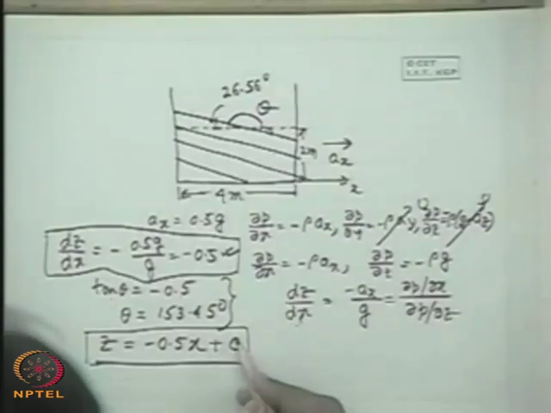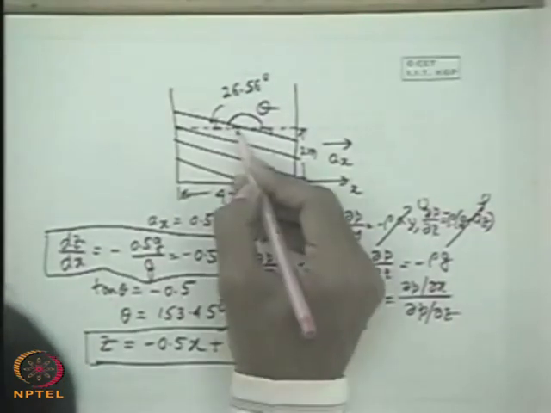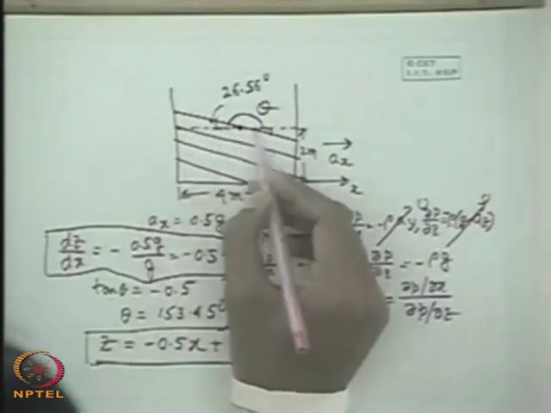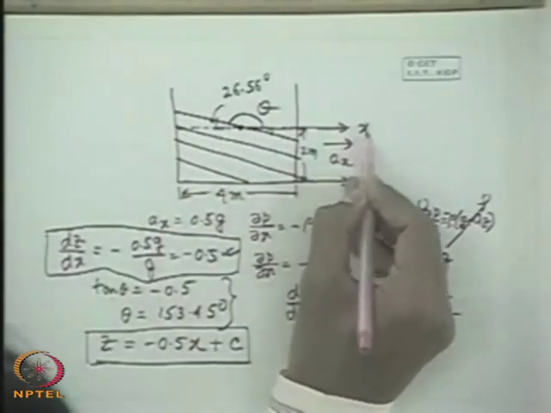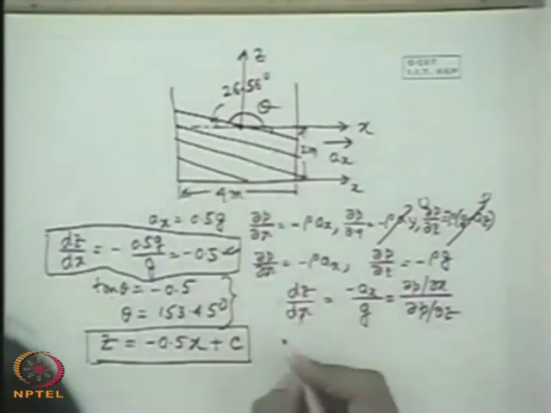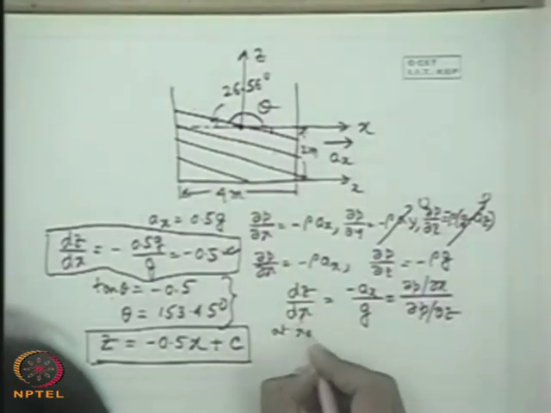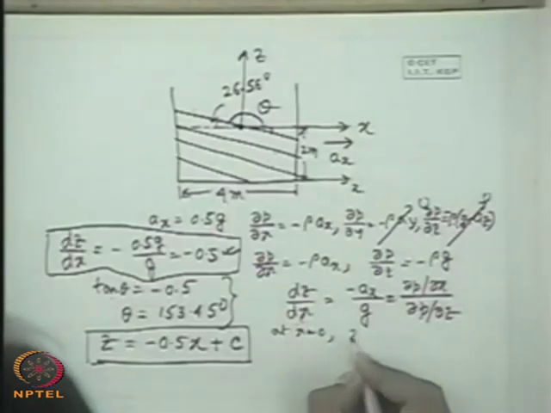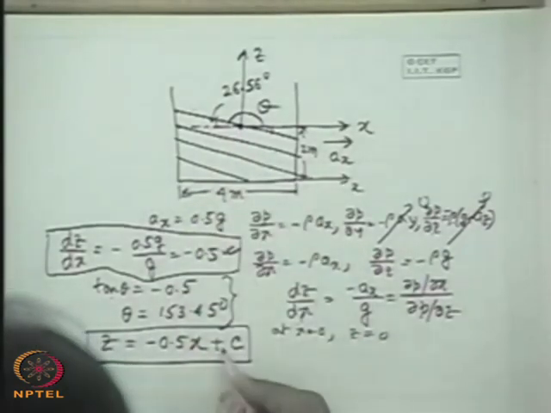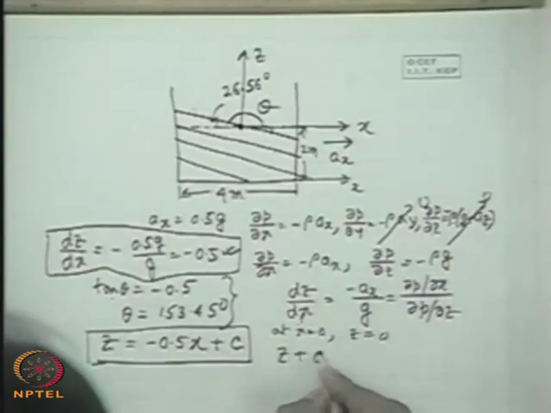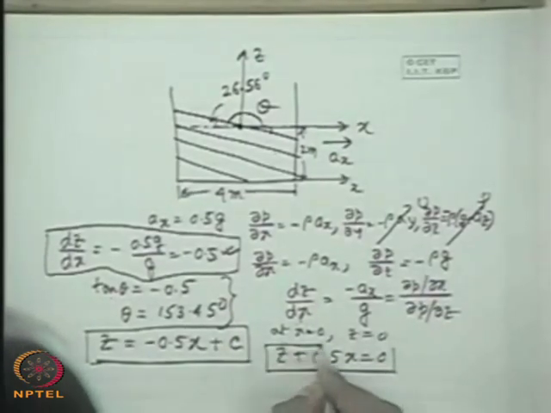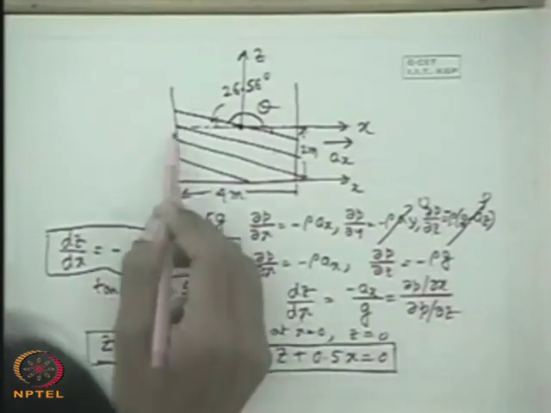Now tactfully one can find out c and can make it 0 if we take this surface of intersection at the middle for symmetry. If we take x here and z here, then we can define that at x is equal to 0, z is equal to 0. If we take the axis here, then c is 0. So z plus 0.5x is equal to 0 is the equation of the free surface.